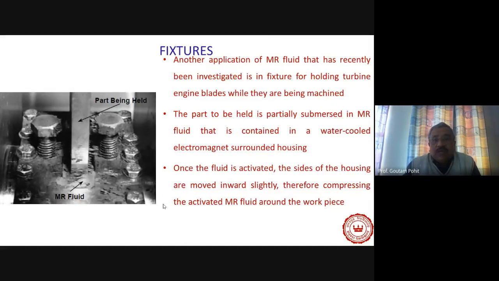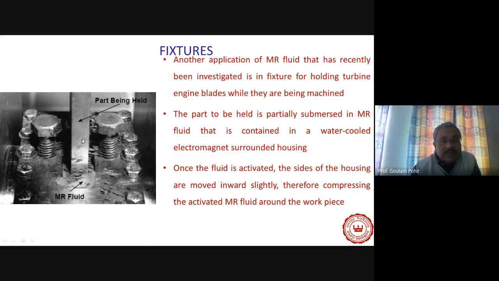The part to be held is partially submerged in MR fluid that is contained in a water-cooled electromagnet surrounding the housing. Once the fluid is activated, the sides of the housing are moved inward slightly, therefore compressing the activated MR fluid around the workpiece.